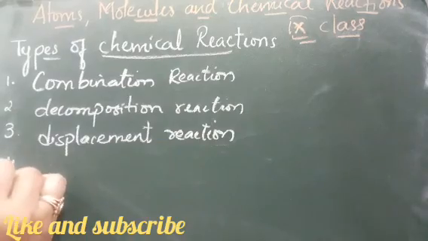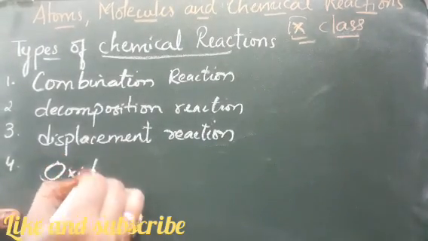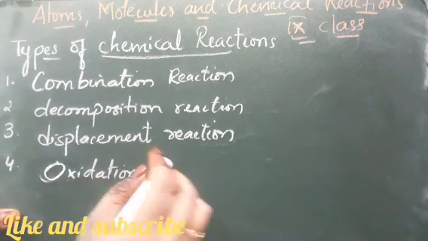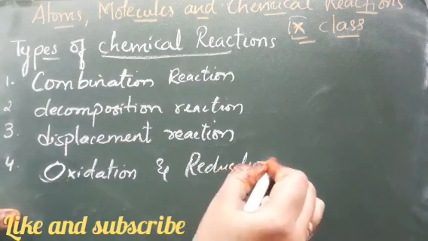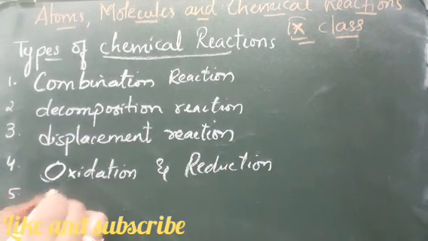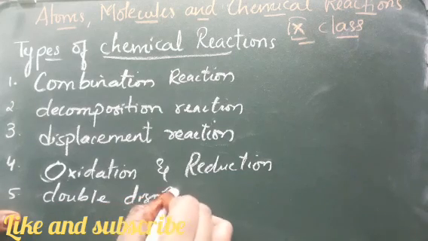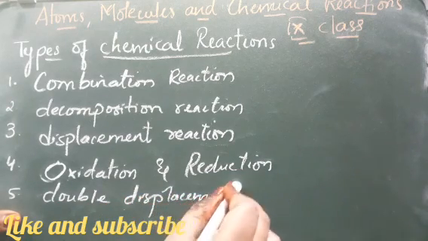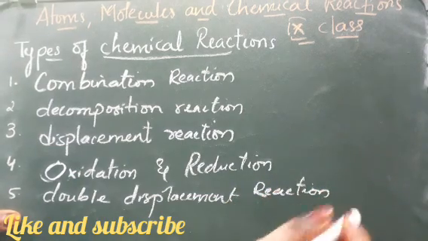And the next we have oxidation and reduction reaction. We have double displacement reaction. So these are the different types of reactions that we are going to learn in this lesson.